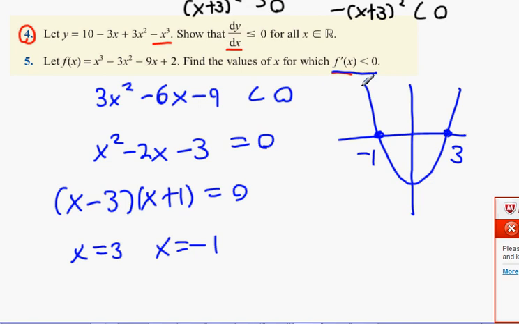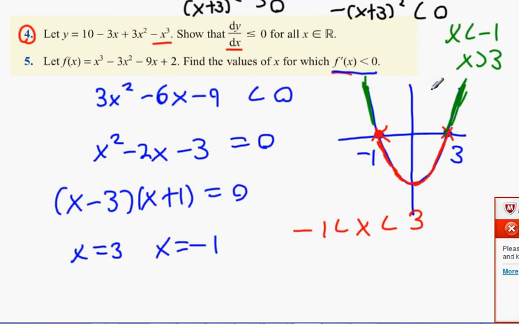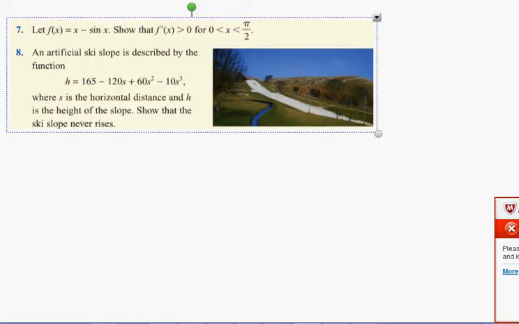Smaller. It's bigger than 0, bigger than 0, it equals 0. Now what's going to be smaller than 0, and then back to equals. It's any number between minus 1 and 3. If that was bigger than 0, I'd be doing the two green regions, which is x less than minus 1, x greater than 3. So you'll always draw the first derivative if you get a question like that. So there actually are two different questions. Okay, number 7.